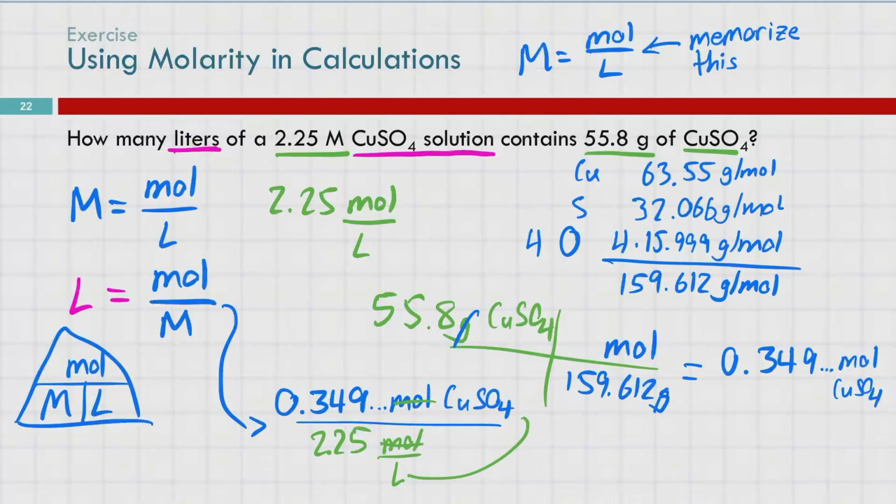The liters gets flipped up to the top. For those of you that were very concerned about the way the units work out, I know I was. We get 0.155 liters copper sulfate solution.